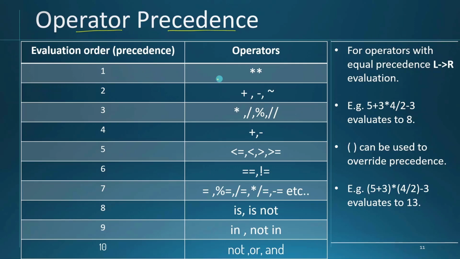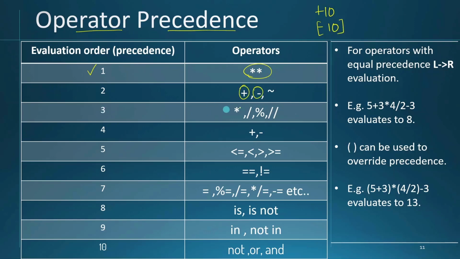If you have a set of operators mixed inside an expression, the exponent operator is given precedence number 1. Precedence 2, the next level, goes to positive sign and negative sign. This is not addition and subtraction. This is plus 10, that is positive 10, and minus 10, that is negative 10. So those are these two operators.